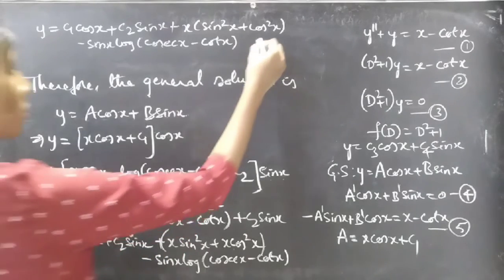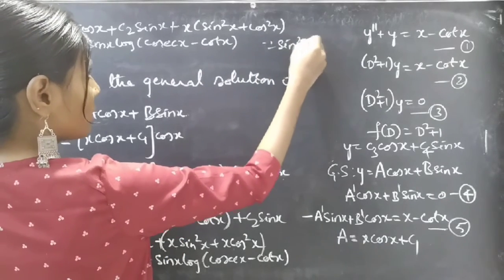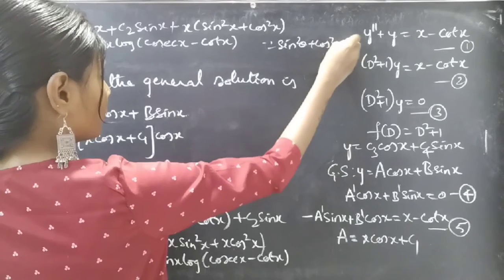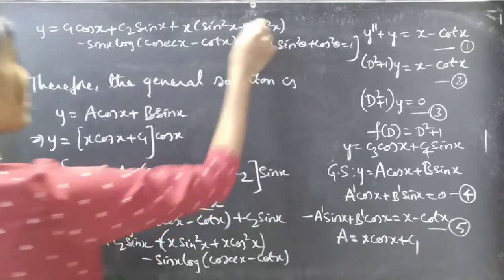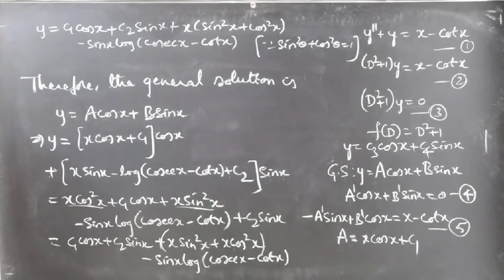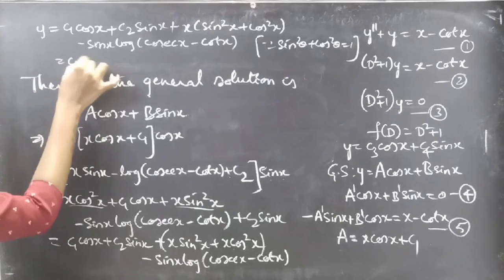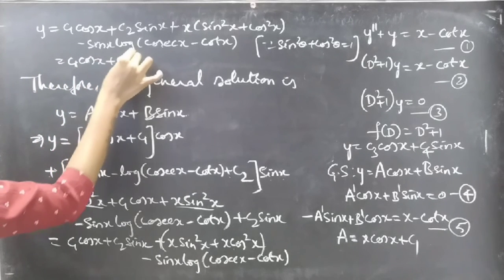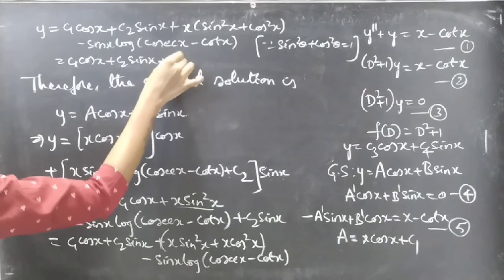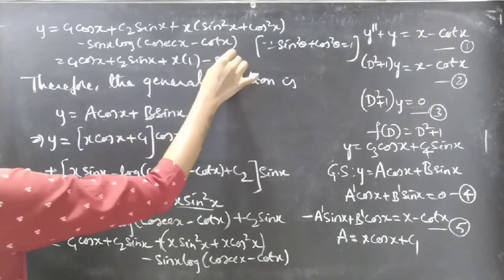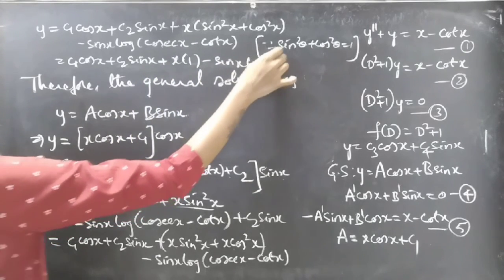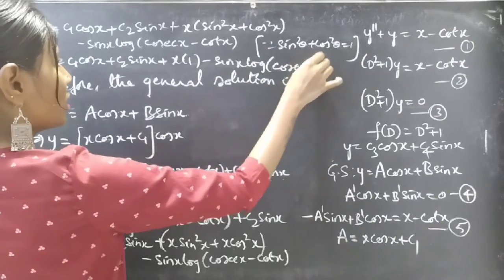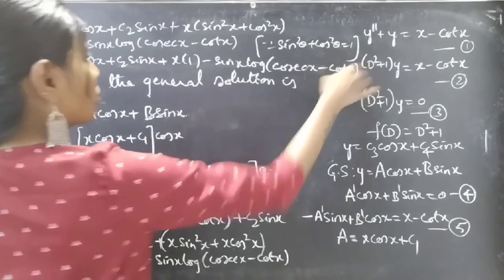Since we know that sin square theta plus cos square theta equal to 1, we'll just replace sin square x plus cos square x by 1. Then we'll get c1 cos x plus c2 sin x plus x into 1 minus sin x log of cosecant x minus cot x.